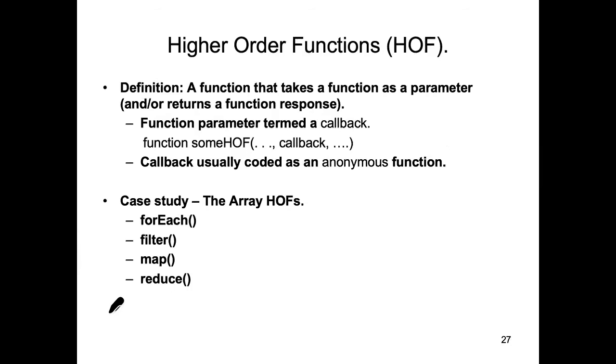The ForEach method took a function as a parameter. We essentially passed a piece of logic into our method, and it used that internally. So the ForEach actually invoked the anonymous function that we passed into it. So we would say that the ForEach method is an example of a higher order function, stroke method.